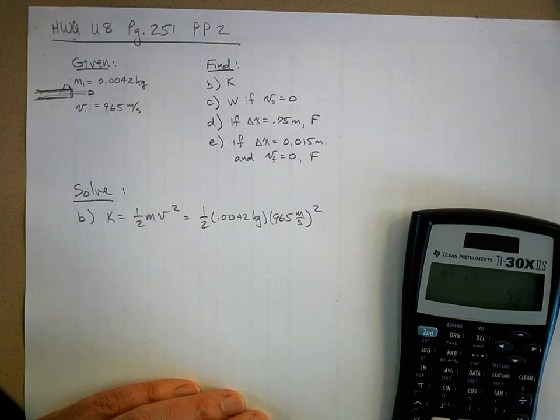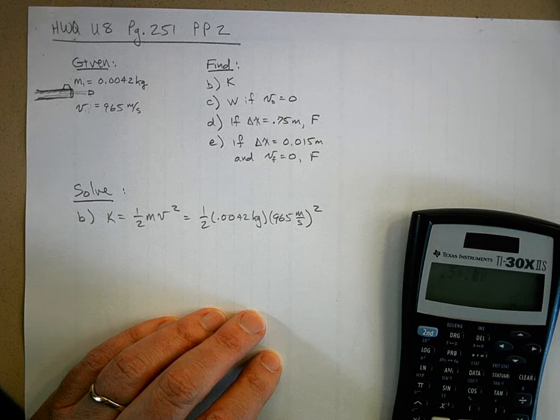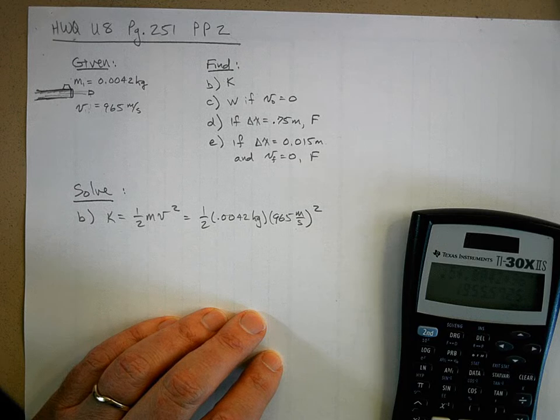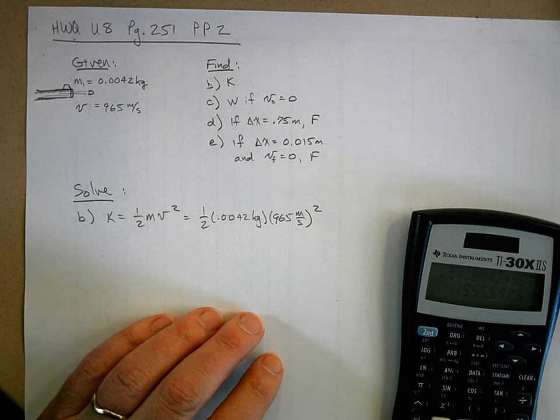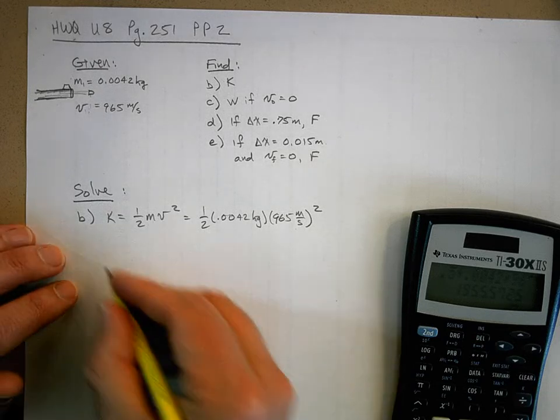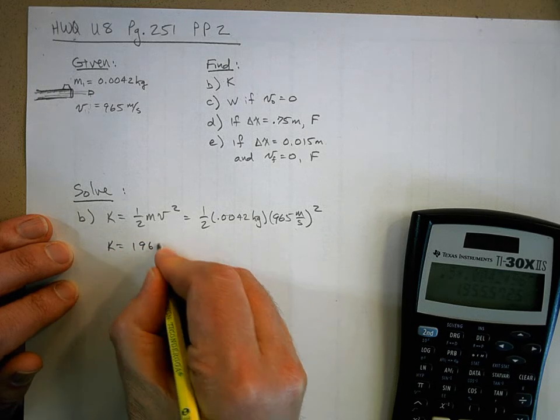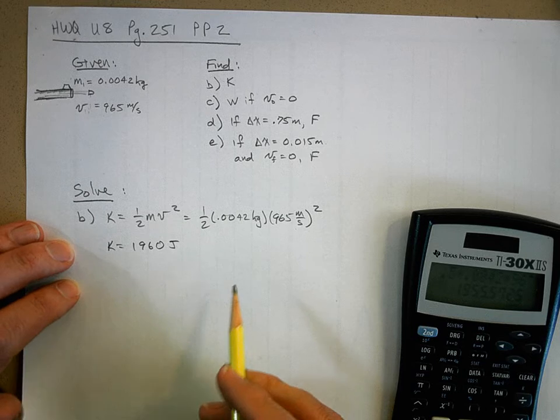It's quite a bit. 0.5 times 0.0042 times 965 squared. And you get 1,955.5. We'll call it K equals 1,960 joules if we round it off.